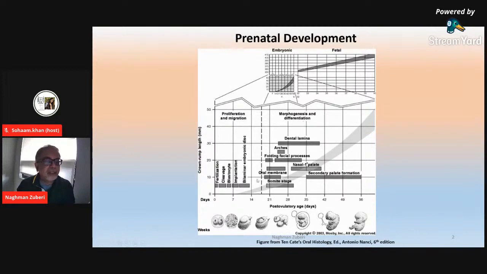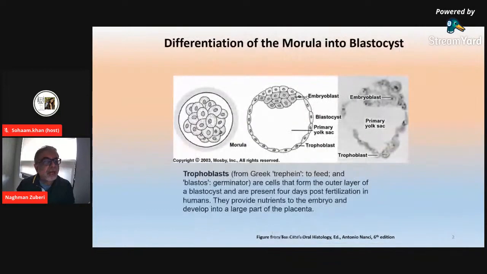Here, different organs start developing, and that is known as the start of the fetal phase. The fetal phase actually starts from the 21st day onward.